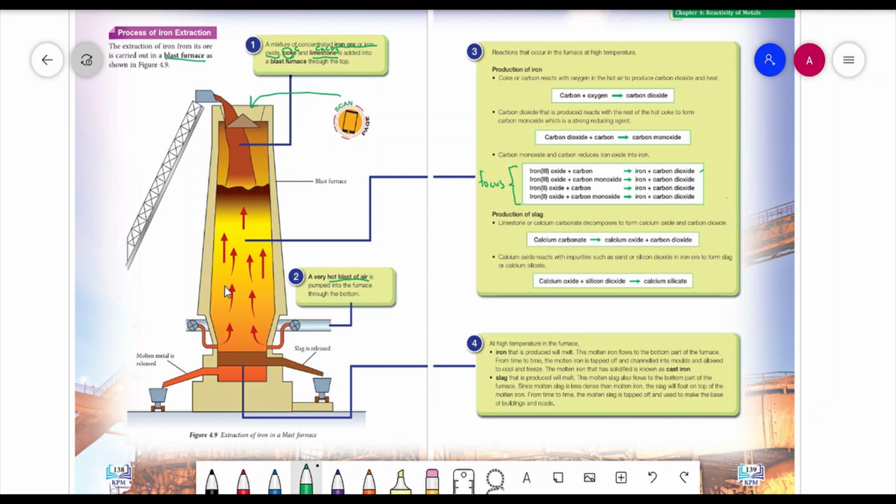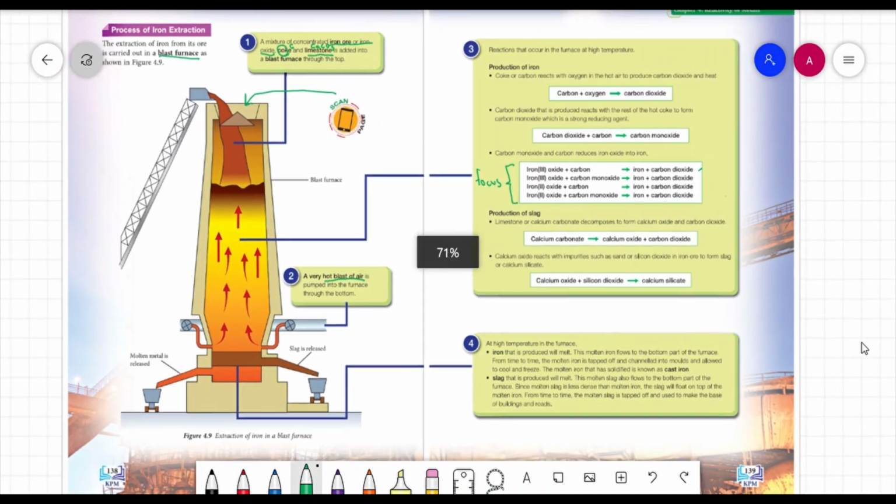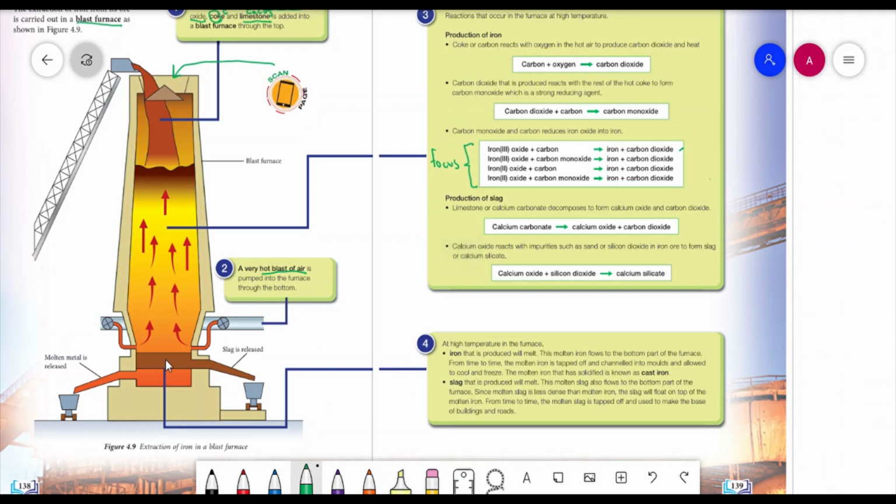This is where the reaction takes place. Students, focus on this part. Metal oxide reacts with carbon to produce metal and carbon dioxide. Number 4: focus on number 4, where the products are produced at the bottom, molten metal is released, and slag is released.